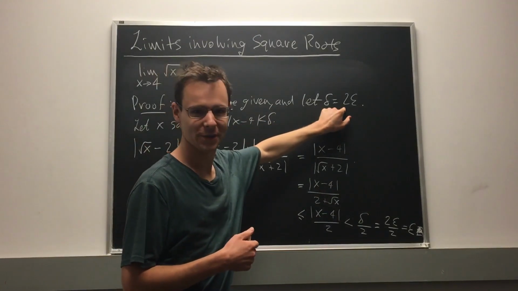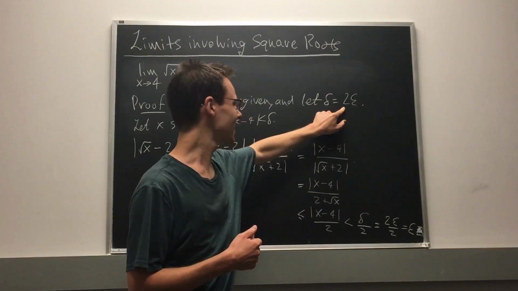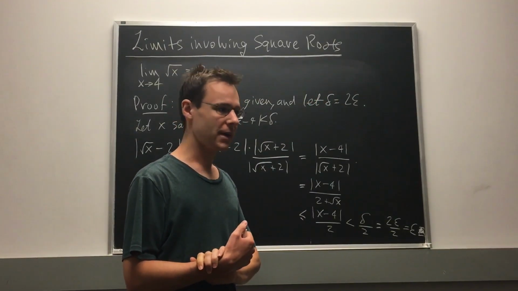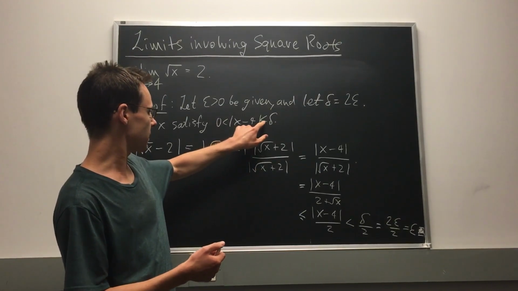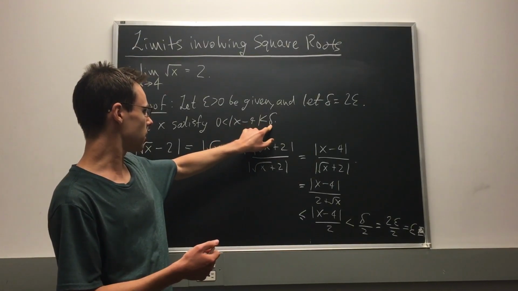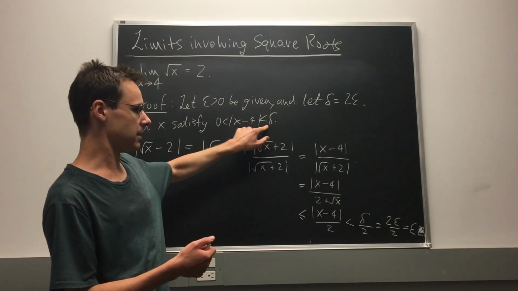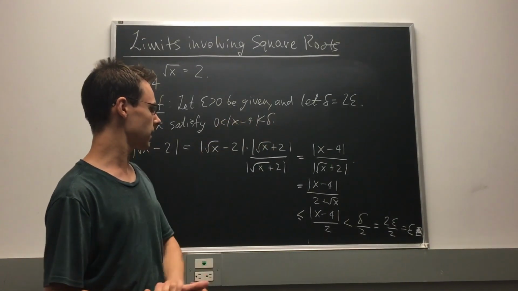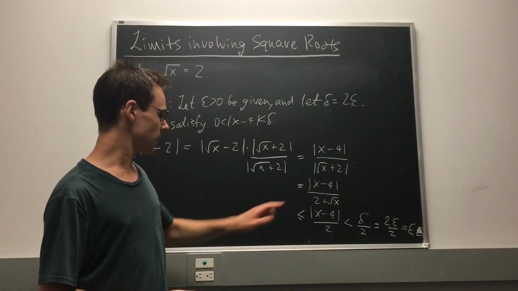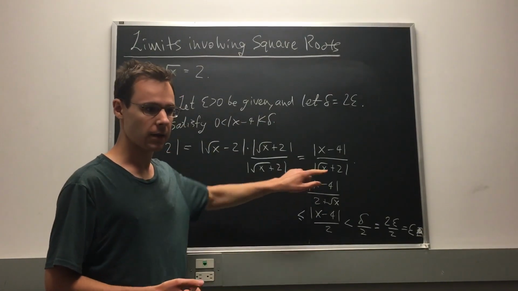Sorry, when I said 2 previously, I actually meant 4. All right? We could have delta being bigger than 4, and that can't happen, because if |x - 4| is less than, let's say, 5, then that's telling us that x might be less than 0. If x is taken from within this window, x might be less than 0, and then root x won't be defined.